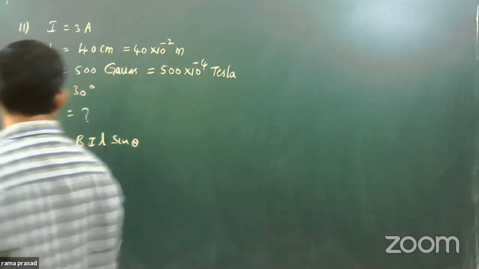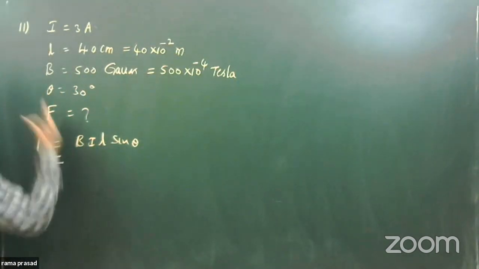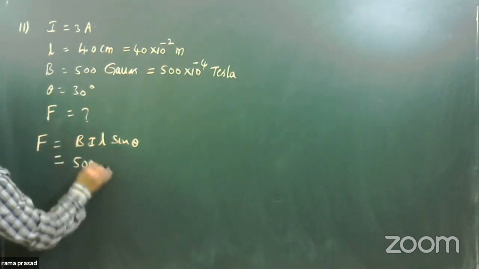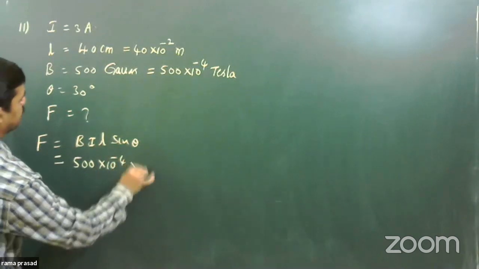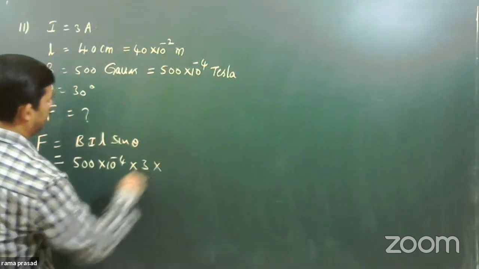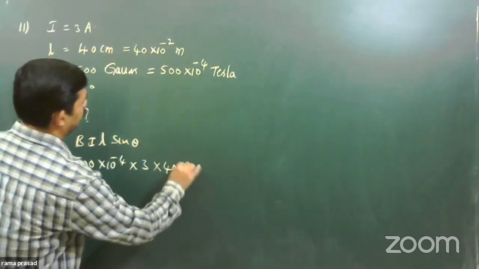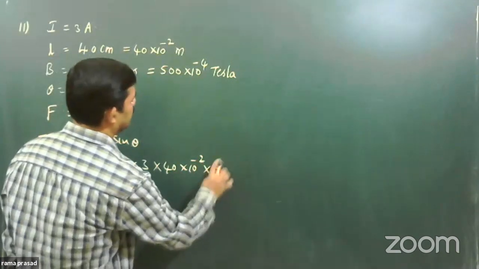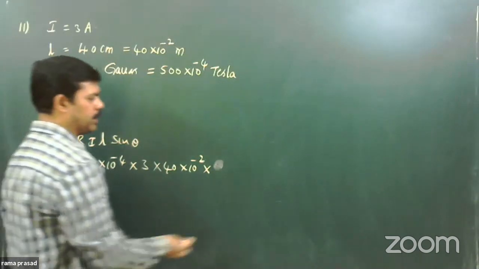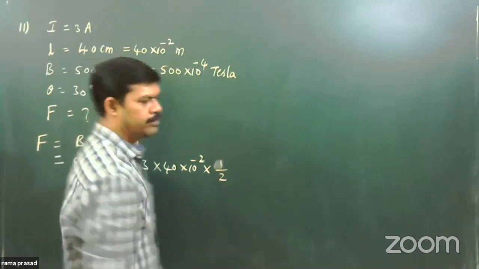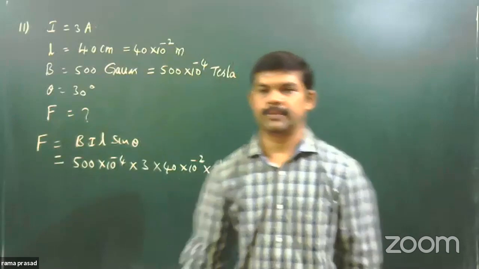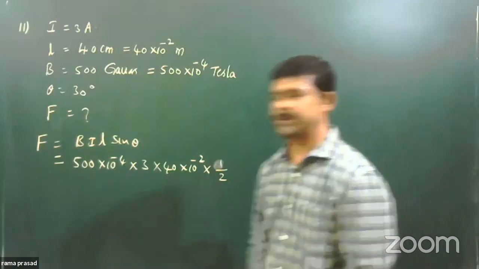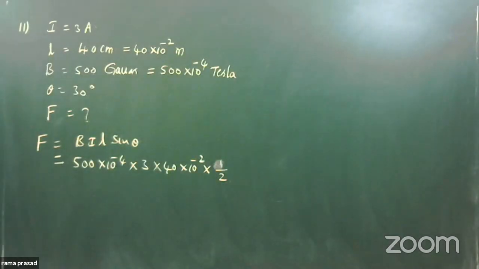The SI unit is Tesla. Convert it, then substitute it here: B is 500 into 10 to the power of minus 4, I is 3, L is 40 into 10 to the power of minus 2, sin 30 is half. Then solve it.